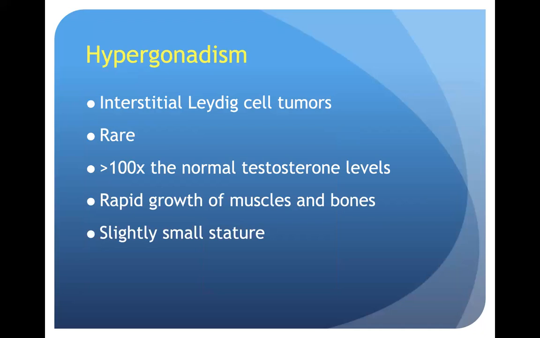However, kahit na rapid yung growth ng bones, maaga rin magko-close yung mga epiphyses. So it will lead to slightly small stature. Medyo maliit yung bata, yung tao, individual, but very muscular. Kaya yung mga may hypergonadism at an early age, makita nyo, very muscular sila pero small stature. Okay?